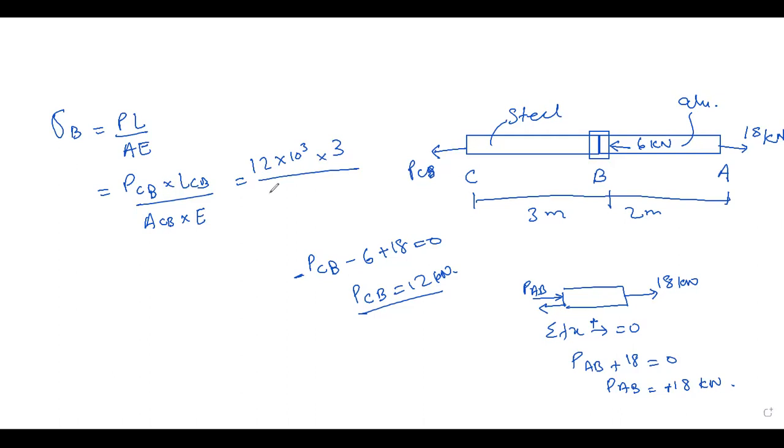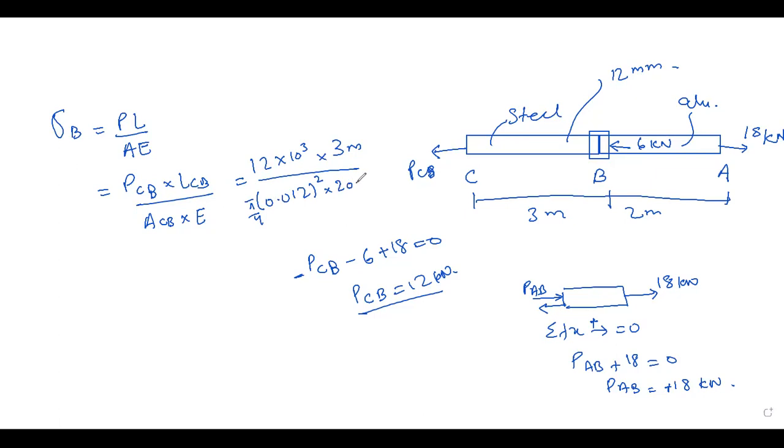Area is given in terms of diameter. Both bars have a diameter of 12 mm. We are dealing in meters because this is 3 meter, so we convert into meters. So it is pi by 4 d square, where d is 12 mm or 0.012 meter, squared, and into E.